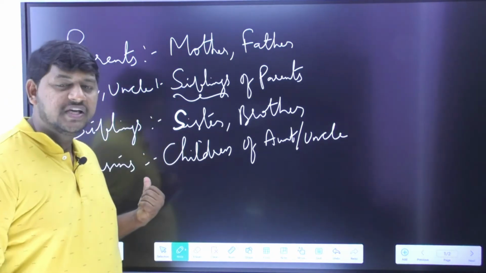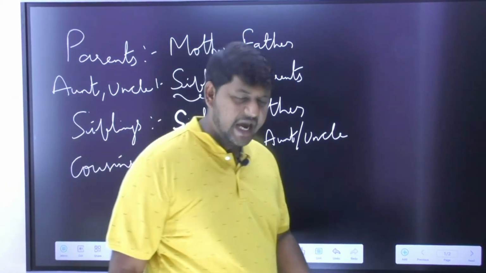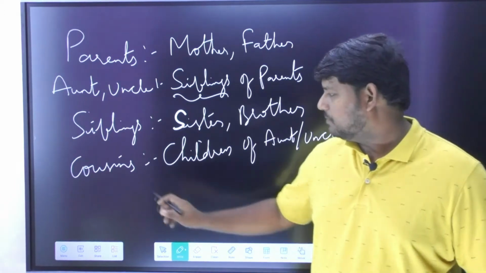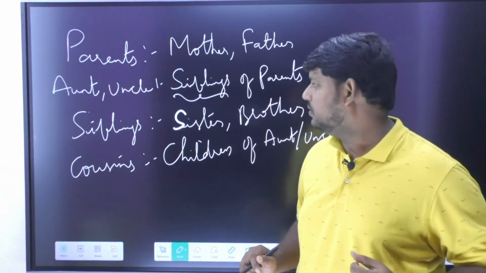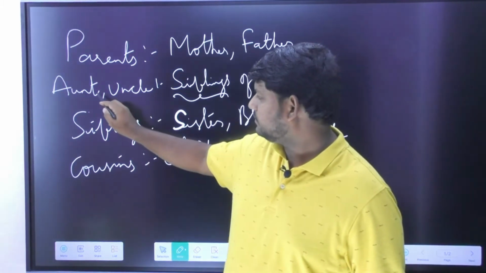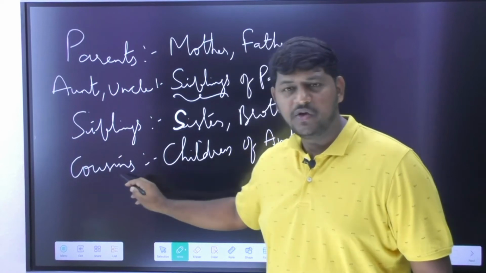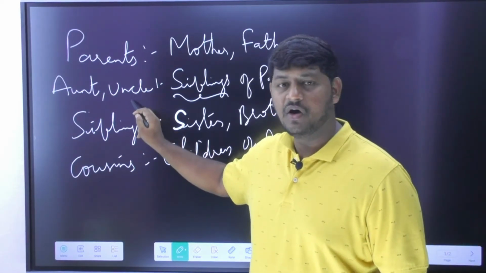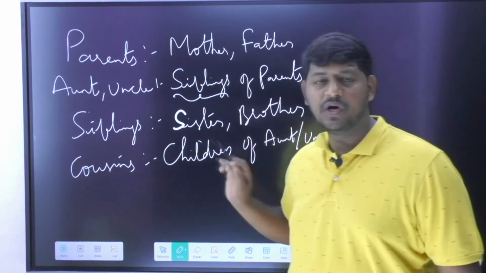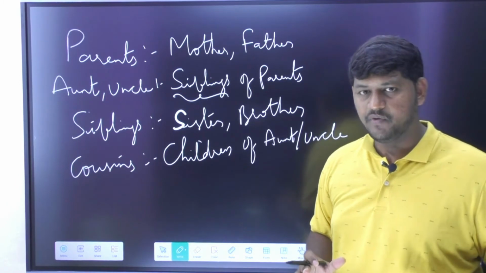But when I use the keyword cousin, I don't have to bother about the gender. It could be anyone, but at the end of the day, my answer is going to stay as what? Cousin. Your aunt's son or daughter, whoever it is, your answer becomes cousin. And your uncle's son or daughter, your answer becomes cousin. So this is the way we are supposed to remember our relations.